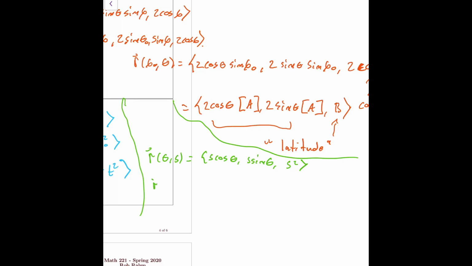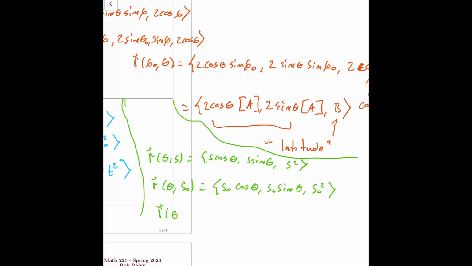Now if we look at r of theta, s naught, this would be (s naught cosine theta, s naught sine theta, s naught squared). So now we have a circle of radius s naught centered at 0, but in the plane z equals s naught squared.